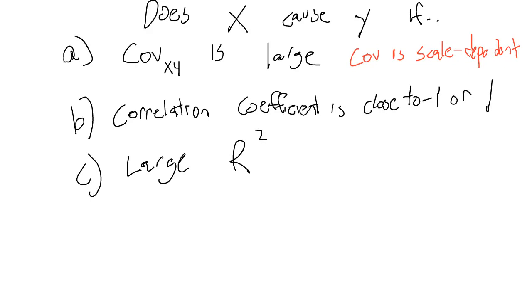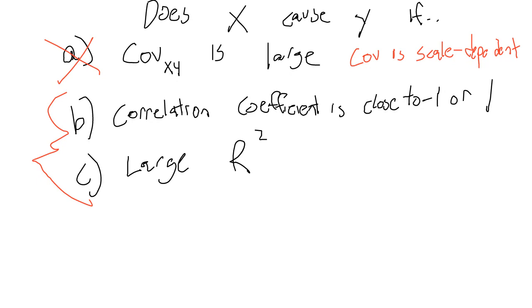So we can eliminate that one. These two are more reliable measures of correlation, right? But that still doesn't mean that we necessarily have any causation. You can think of tons of examples through the class of variables that are correlated but not causally related.